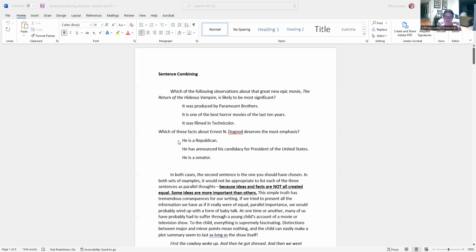We have this group of sentences here, and it's about a movie called The Return of the Hideous Vampire. Out of these three sentences, I want you to think about which one you think is probably the most important. It was produced by Paramount Brothers. It is one of the best horror movies of the last 10 years. It was filmed in Technicolor.